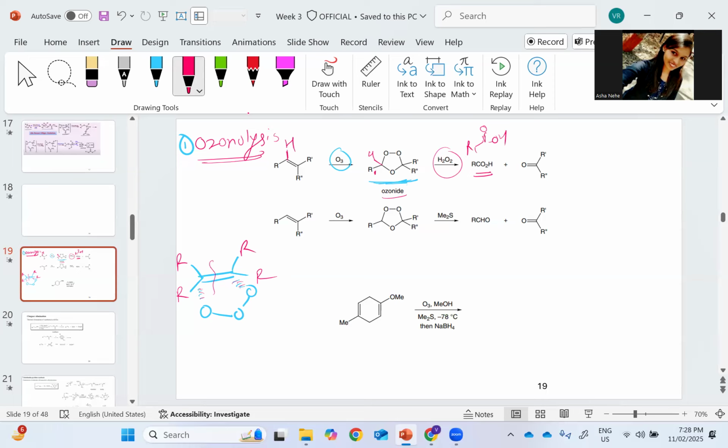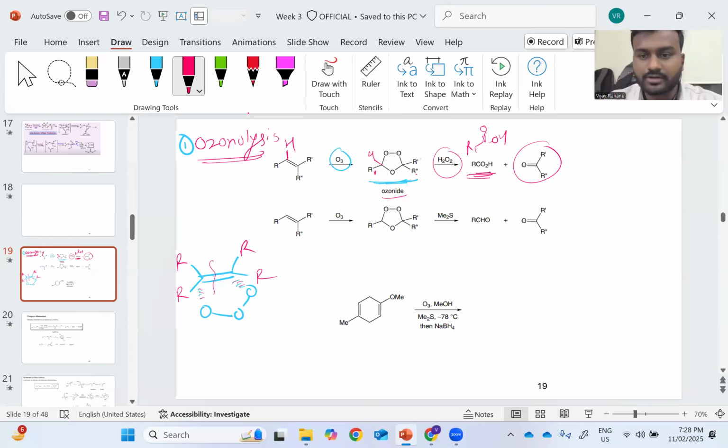This is the first product. For the second product, because R1 and R2 are both alkyl groups here, it converts into the keto form. So in the ozonolysis reaction, depending upon what kind of R group is attached, we get either an acid or a ketone.